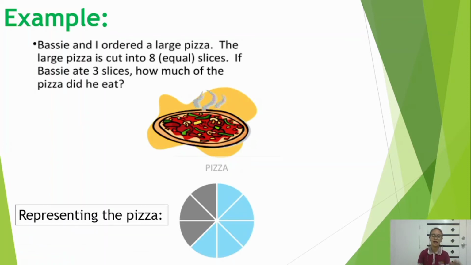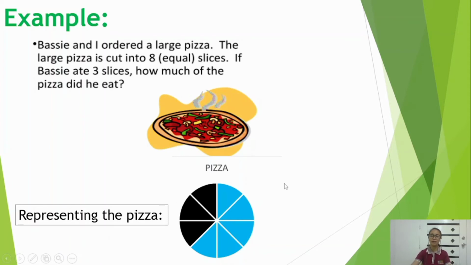So, let us represent the pizza into a figure. For example, this is the pizza. So, there are how many equal parts? 8. 1, 2, 3, 4, 5, 6, 7, 8. So, the pizza has 8 parts or 8 slices. So, Basi ate 3 slices. 1, 2, 3.